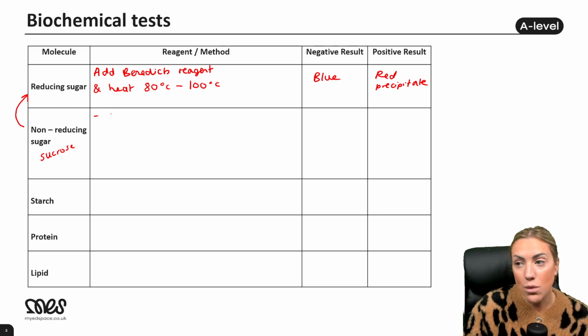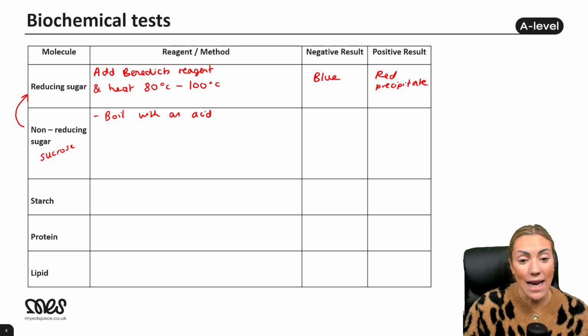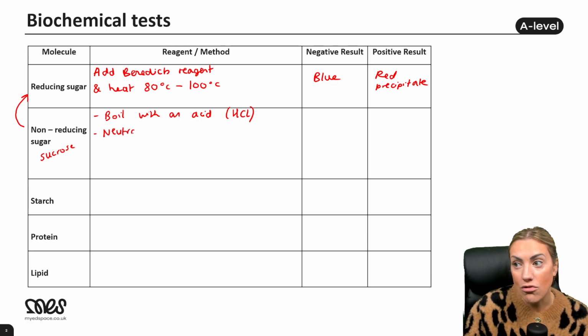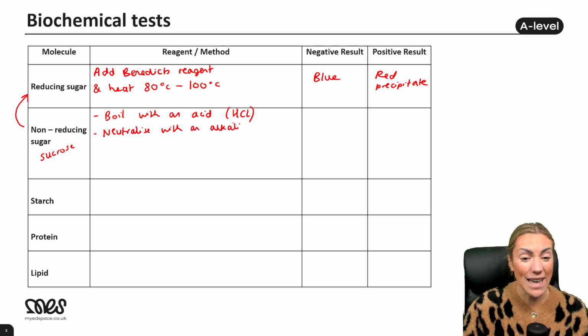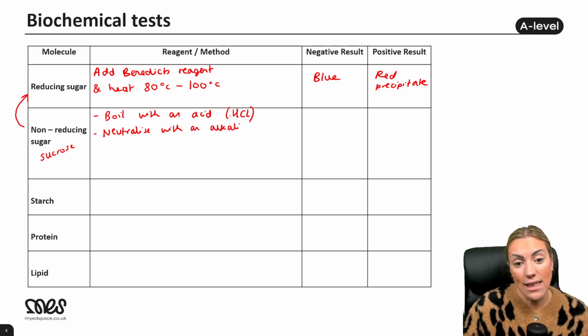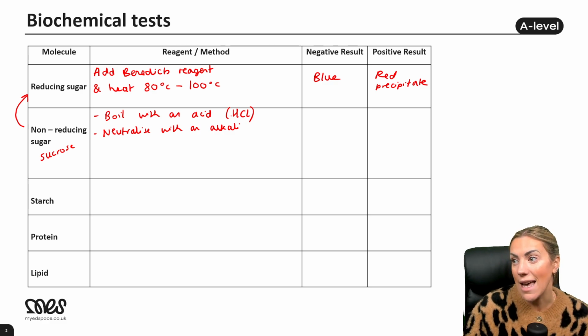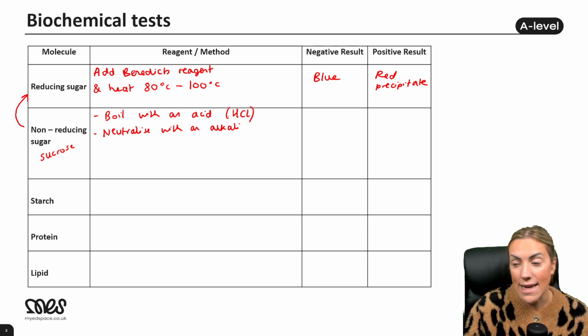The first thing you would do would be to boil with an acid. Now, you can just say acid or you can name an acid. We usually use hydrochloric acid. Then you need to neutralize with an alkali. Again, you don't have to name the alkaline solution that you use, but you might say use sodium hydroxide or sodium hydrogen carbonate, something like that.